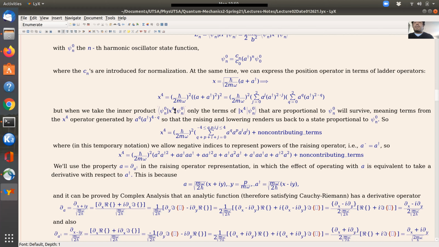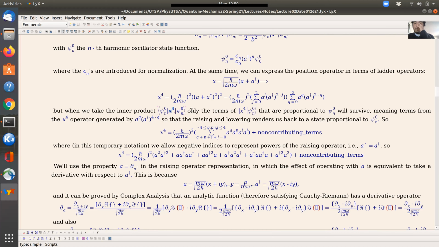That makes sense because these are the terms that come up from the expansion of x to the fourth, and the raising and lowering renders us back to a state proportional to phi 0 n. So basically, the effect is that you get back to the nth state.